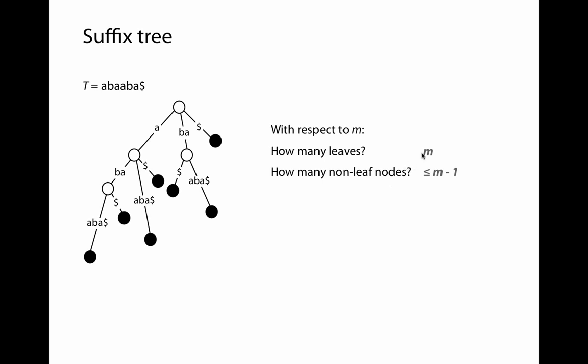So this is the number of leaves, and this is the maximum number of non-leaf nodes we can have. That means the upper bound on the total number of nodes in this compacted trie grows with m, not with m squared. So we now have a data structure with order m nodes in the worst case.